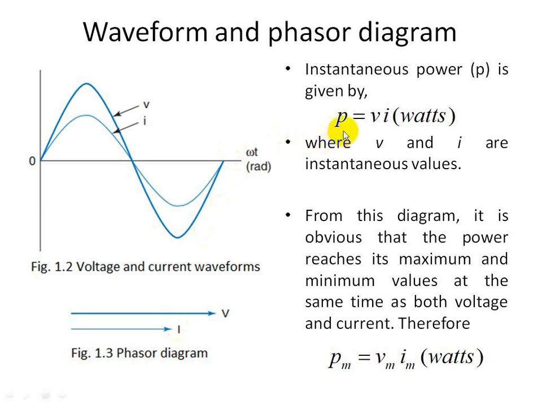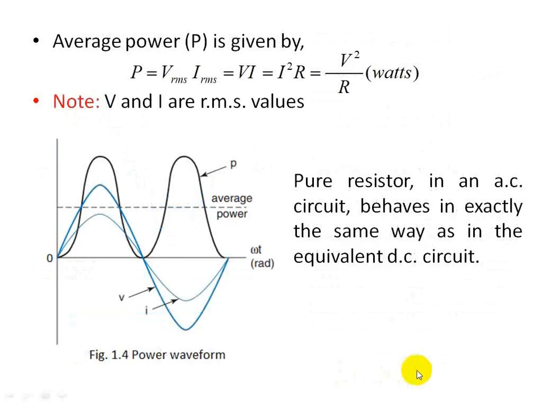Coming to the equation for power, power is nothing but the product of v into i. These two are instantaneous values. The maximum power occurs when voltage becomes maximum and current becomes maximum, so it is given by the product of Vm and Im. Coming to the average power, it is indicated by capital P, which is nothing but Vrms into Irms.